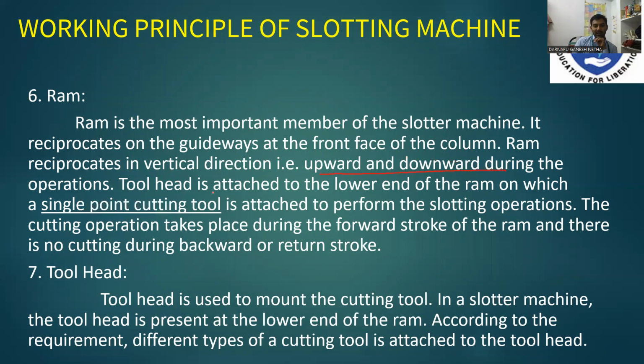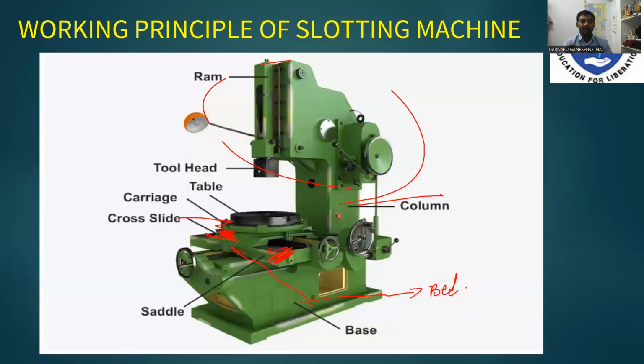The tool head is attached to the lower end of the ram, and a single point cutting tool is attached to perform the slotting operation. The cutting operation takes place during the forward stroke of the ram, and there is no cutting during the return stroke. We already know the function of the ram.